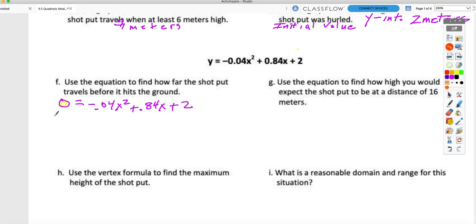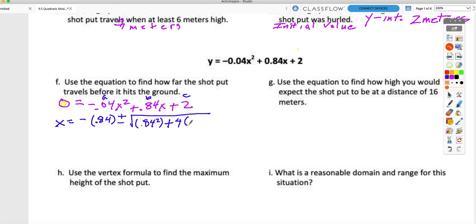So setting up for the quadratic formula has that x is going to be equal to, and I need an a, I need a b, and I need a c. So I've got a negative b, negative 0.84, plus or minus the square root of b squared, and then we have minus 4 times a times c, and the 4 is part of the formula.